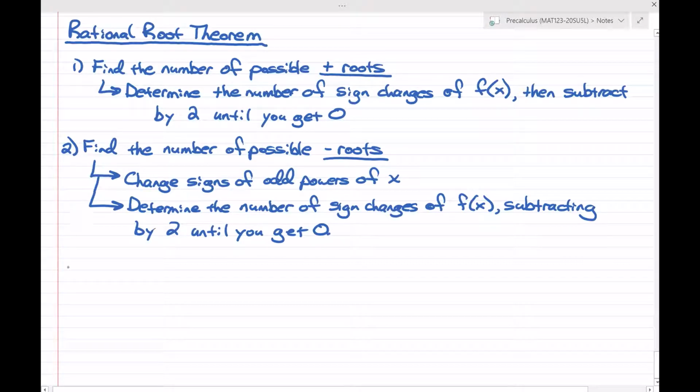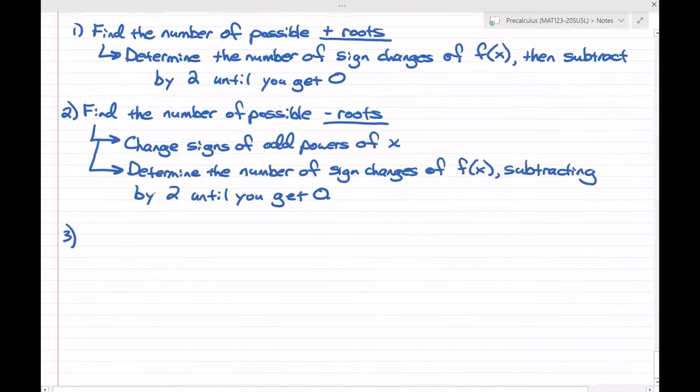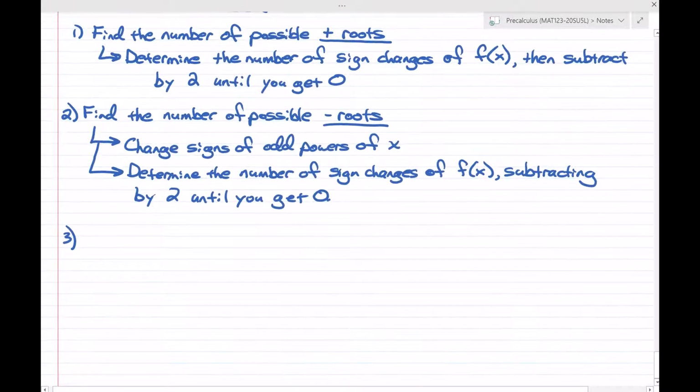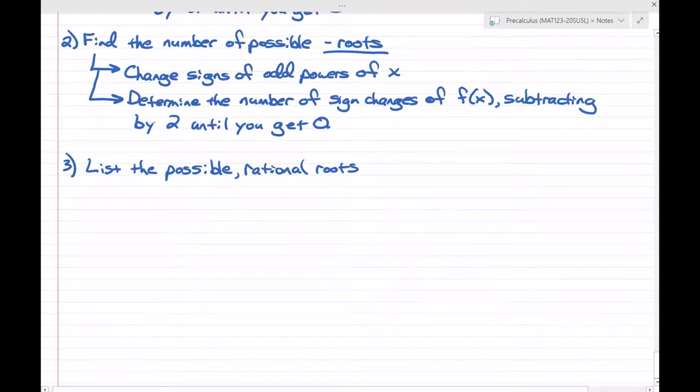For part 3, what we're going to do is actually list the possible roots. So we're going to list the possible rational roots. That's why it's called the rational root theorem, it helps you find the rational roots.